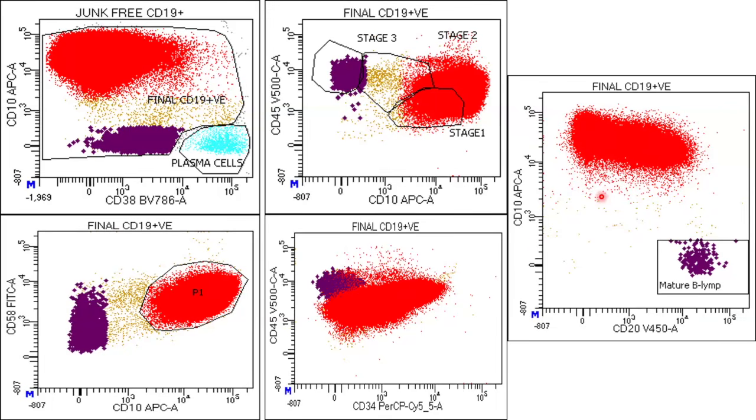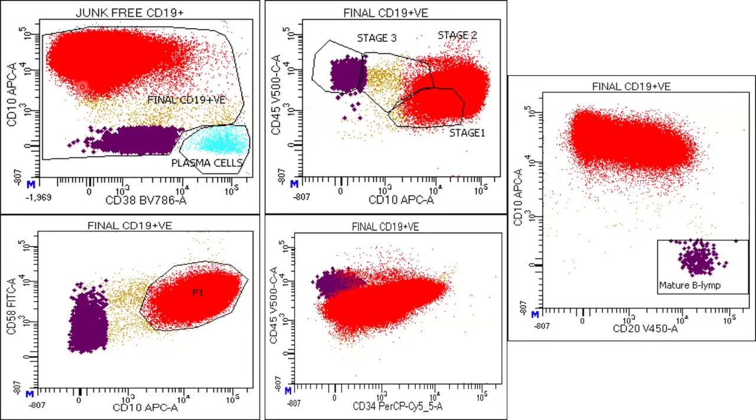Why am I calling this a heterogeneous expression? Because they are showing more than 2 log expression of CD20. So whenever there is a more than 2 log difference, we can call them a heterogeneous expression. And on CD10 versus CD58 plot, we are seeing overexpression of CD58. So already we have 2-3 points which can classically say that these could possibly be a leukemic phenotype of the cells, because CD58 overexpression is never seen on stage 1 hematogones.